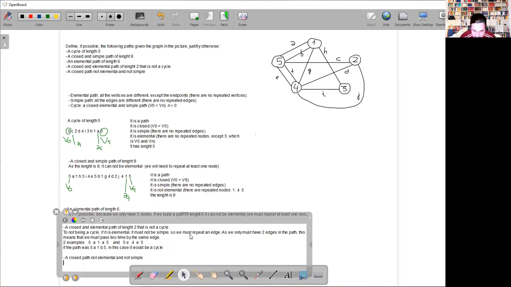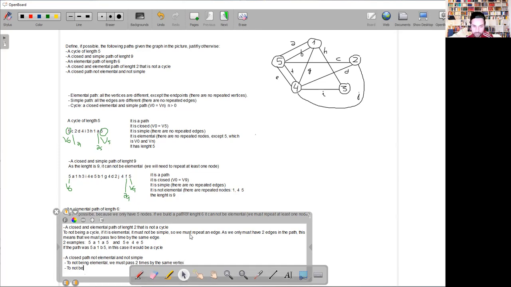So in this case, to not be elemental, we must pass 2 times by the same vertex.